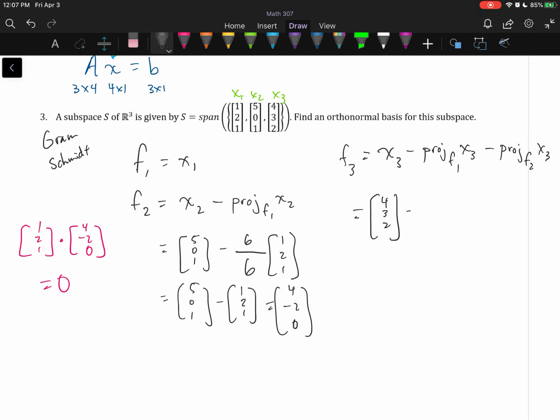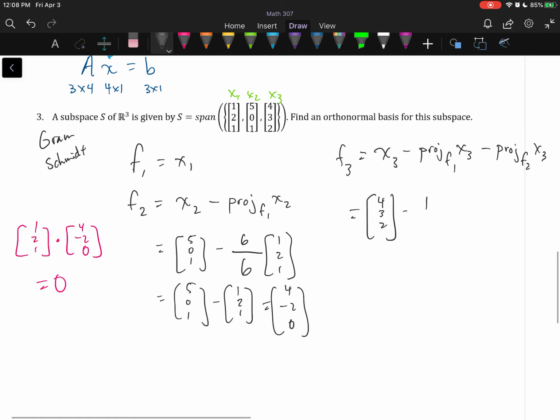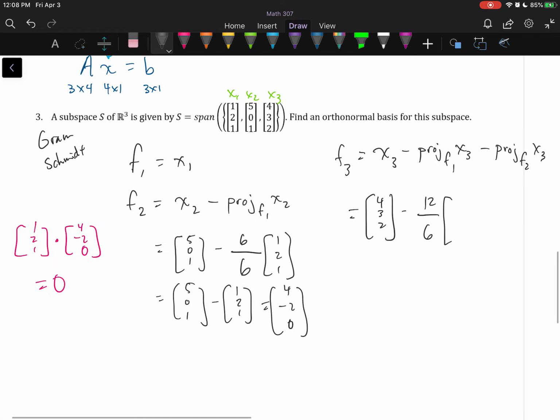So let's take the dot product of x3 and f1. So 4 plus 6 plus 2 is 12. And we're going to divide that by 6, which is the length of x1 squared. And we're going to multiply that times 1, 2, 1.